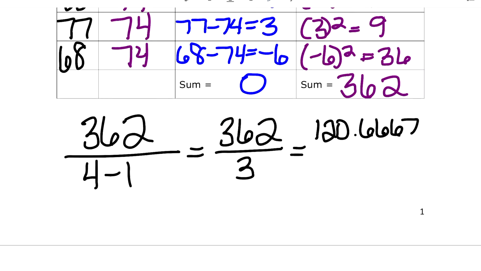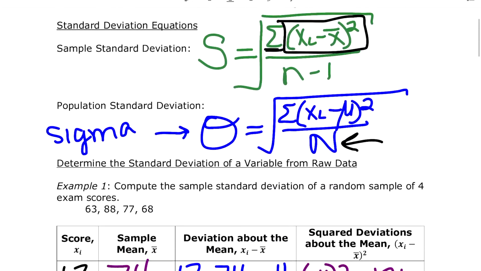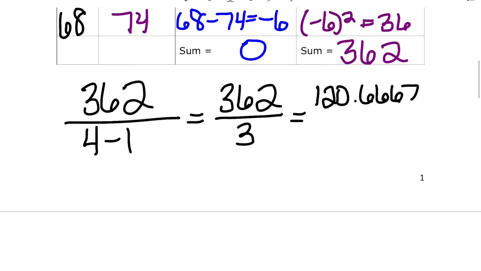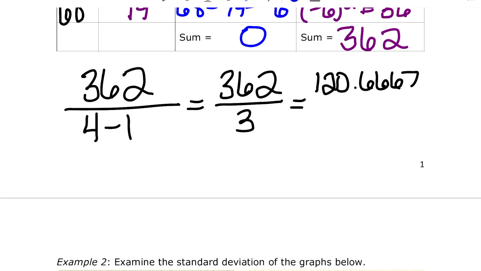All right, so now going back to our equation, where are we at? We took the deviations, we squared the deviations, we took the sum of all of those, and now we've divided by n minus 1. So at this point, we have done everything inside the square root. So the last thing we need to do is take the square root. So I'm going to do 120.6667.